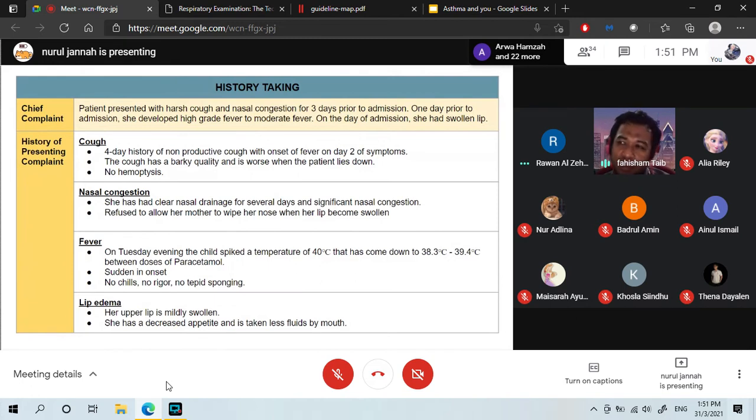But the point that I want to make here is how you highlight the information that you have from the parents. The parents will give you all the information, but you are the one who is going to rearrange and reorganize it.